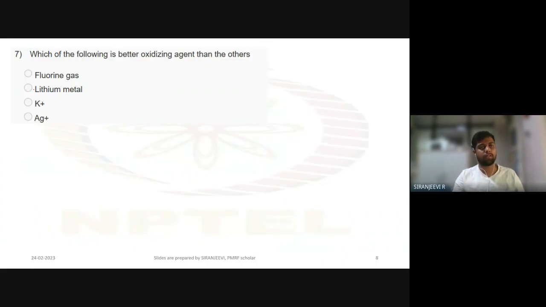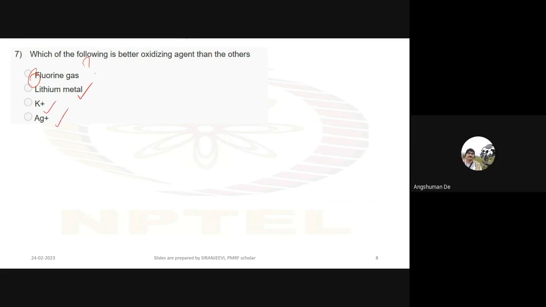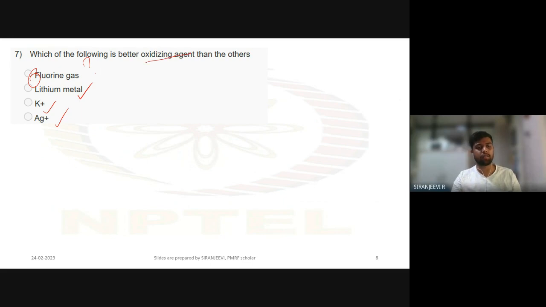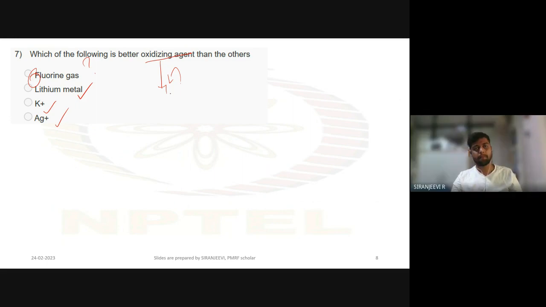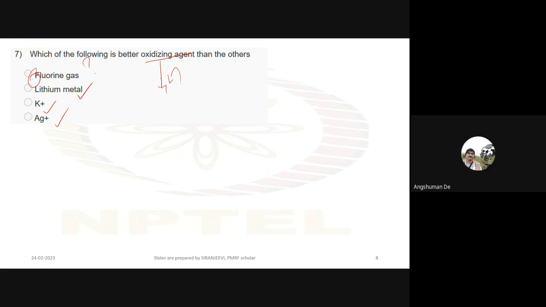Why fluorine gas in that case? Why can't it be lithium metal, potassium, or Ag? First of all, you tell me what an oxidizing agent is. An oxidizing agent has the capacity to accept electrons, so it will be reduced very fast compared to the others. I think, sir, fluorine is most electronegative, so it has the capacity to attract electrons from others.